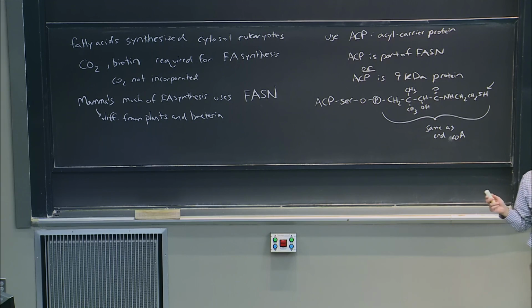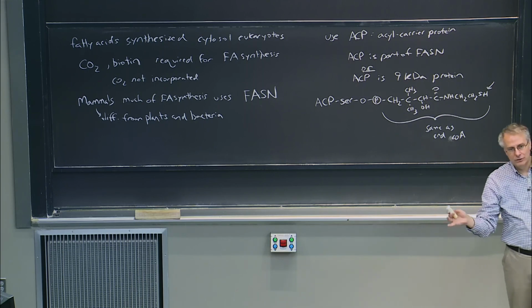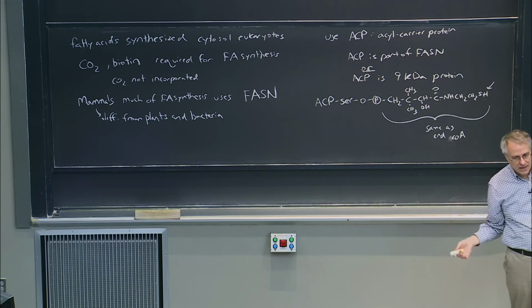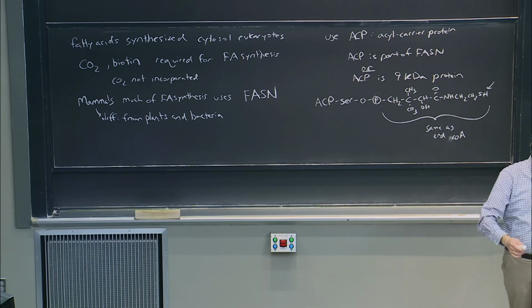Acetyl-CoA is used for oxidation, whereas in NAD and NADP, remember, one was used to create an NAD to NADH ratio that favored oxidative reactions, the other used to create an NADP to NADPH ratio that favored reductive reactions.